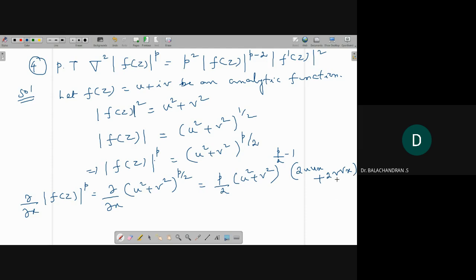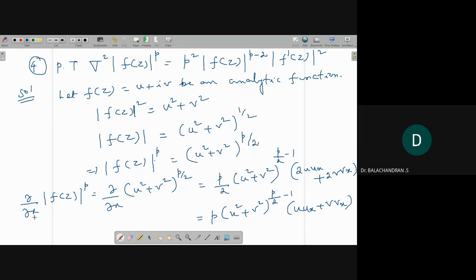Now you can take 2 commonly from this and cancel out. So p into u square plus v square whole power p by 2 minus 1 into u into ux plus v into vx. So now this is actually the first derivative. Now second derivative.